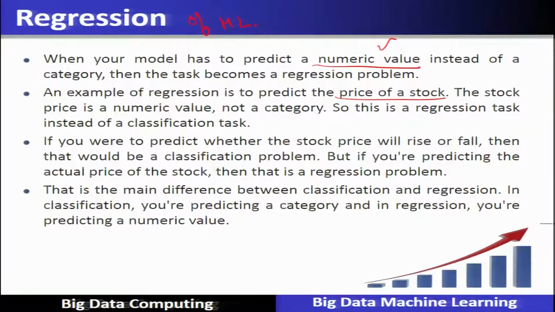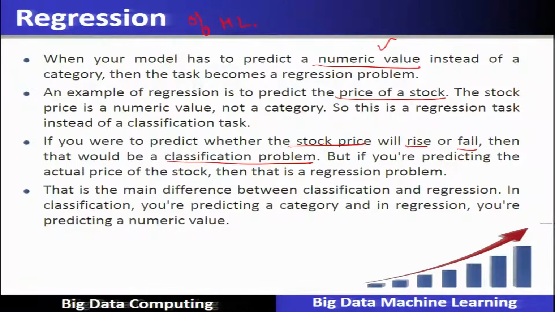If you were to predict whether the stock price will rise or fall, that means it will classify as rise or fall, then it would be a classification problem. But if you are predicting the actual price of a stock, then it becomes a regression problem.